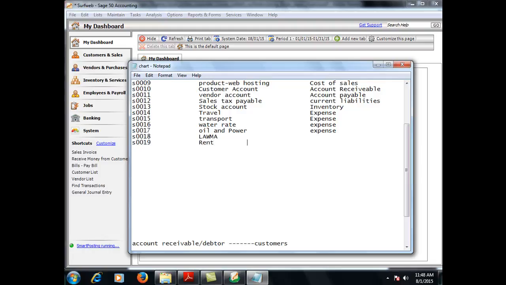Rent. You are going to have rent as an expense one. You are also going to have what we call prepayment. Do you know why? Most places you pay rent upfront. So when you pay upfront, the upfront is coming to prepayment.